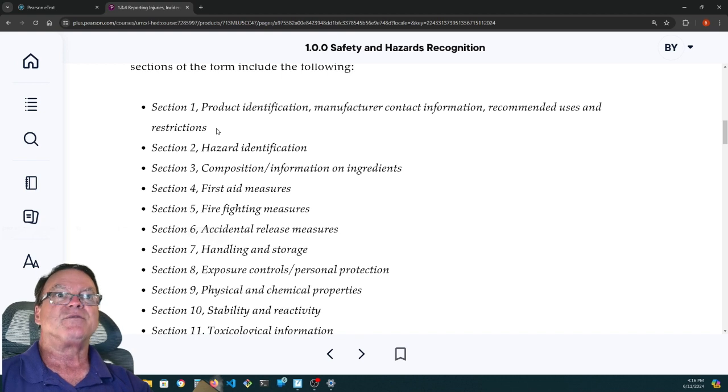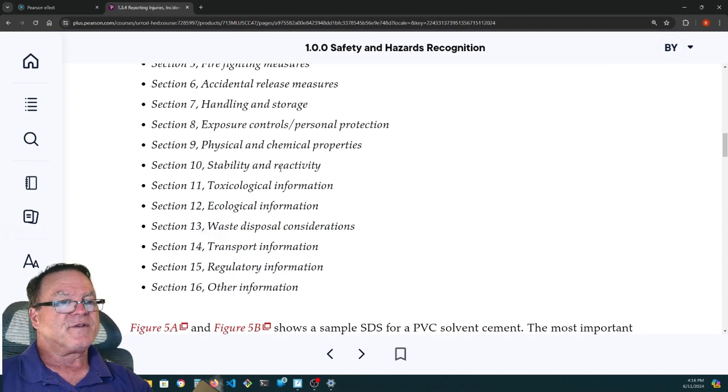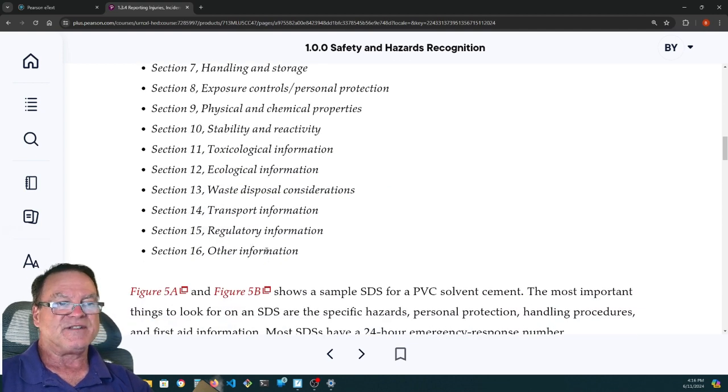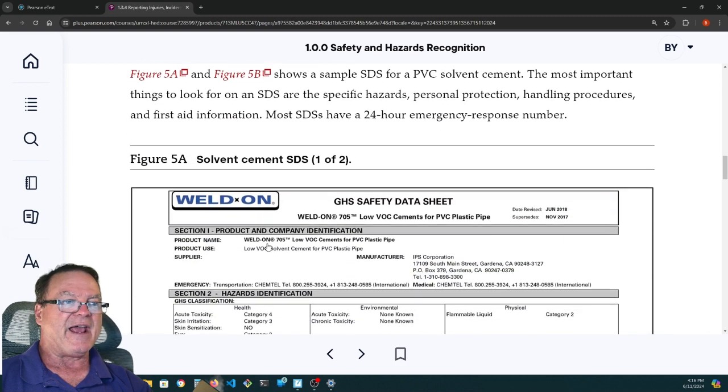If you're ever exposed to a hazardous chemical, don't call the hazardous chemical hotline. Call the manufacturer. They understand their product better than the hazardous chemical hotline. So these are the 16 categories of the safety data sheets, the information that they have to have.